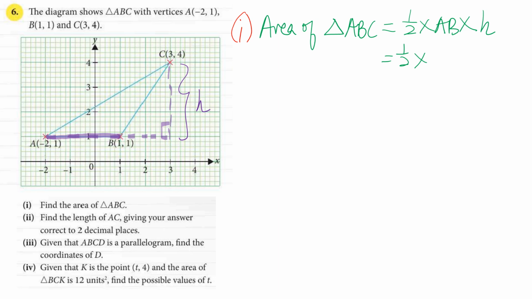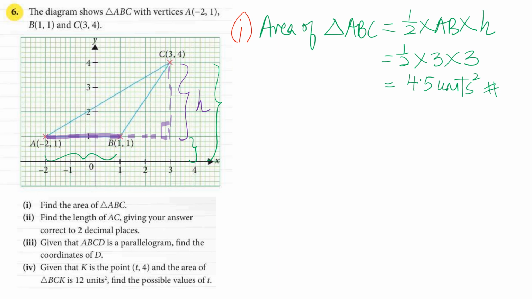So the horizontal distance will just be that, which is 2 plus 1, 3 units, times your vertical height. Vertical height will be just 4 units here, minus away 1 unit, so 3 units. And that gives you 4.5 units square. Okay, that's how we do part 1.